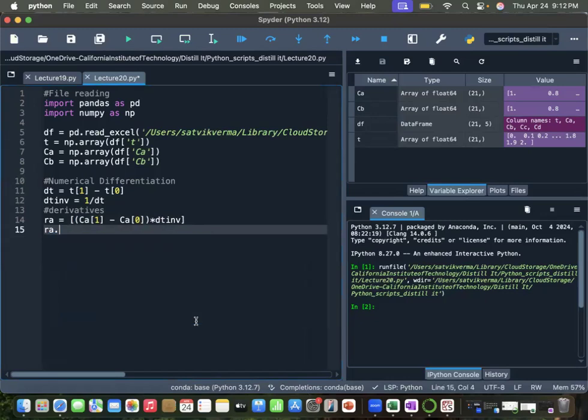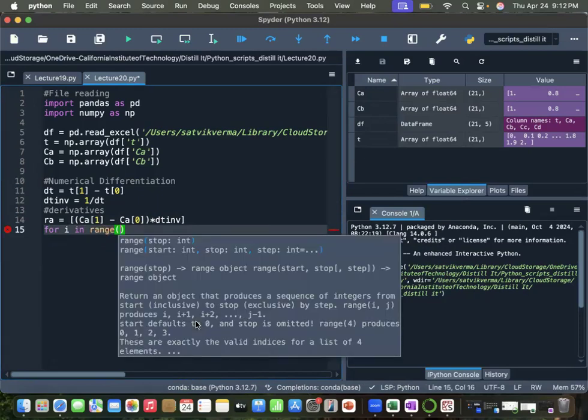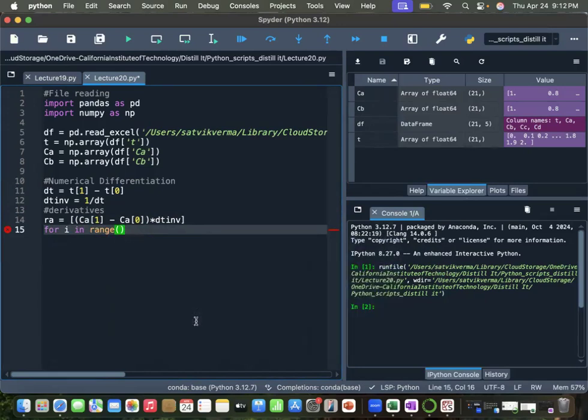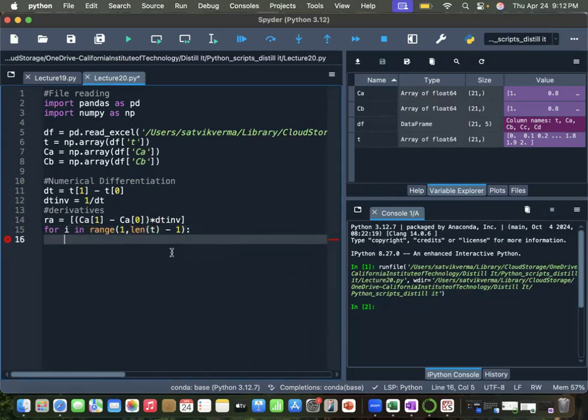Then for the next entries, we could use either list comprehensions or, let's start with a for loop. So for i in range, we have to start with 1 now because we've already gone over 0, right? So for i in range 1 comma, and we have to leave the last point, so length of time minus 1. This takes all the points in between the first and the last point, right?